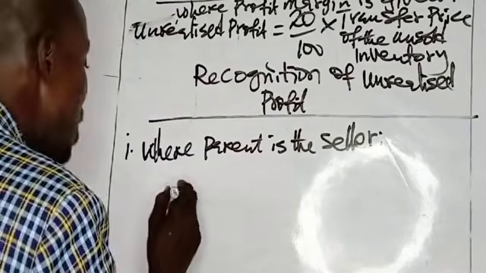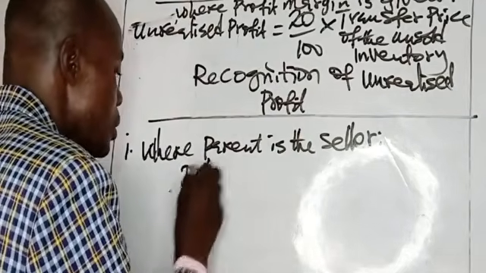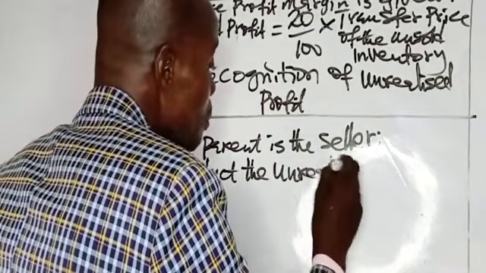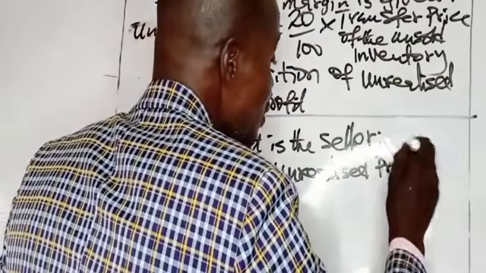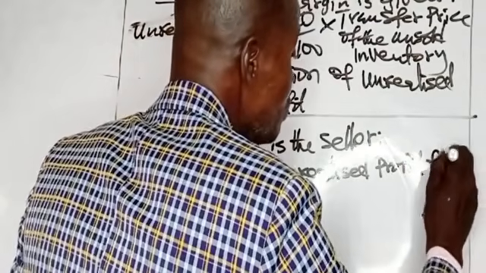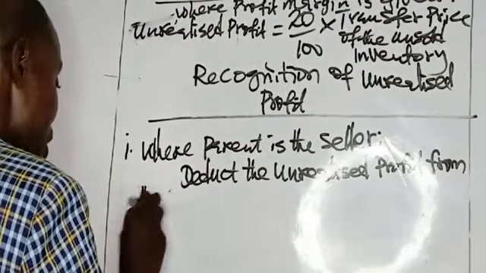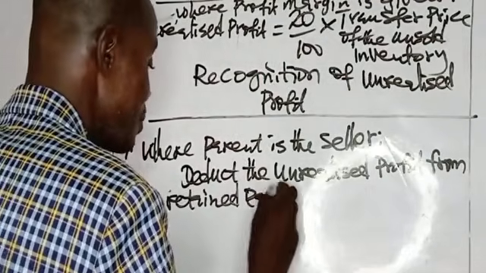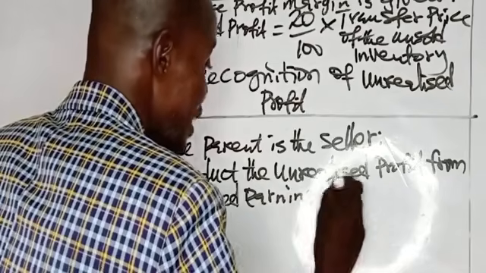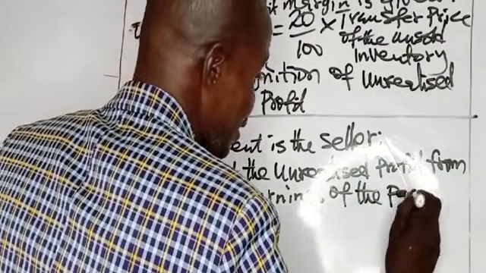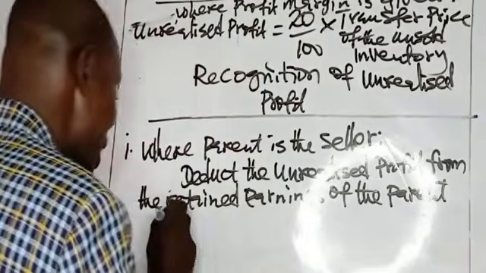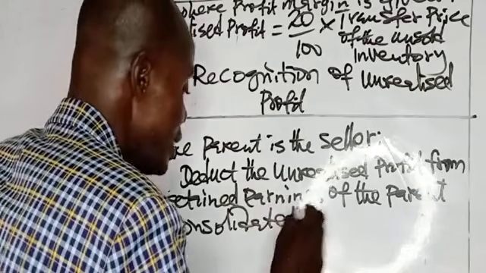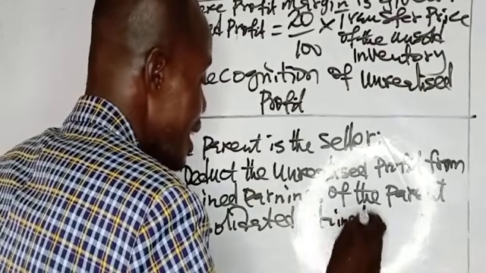Therefore, deduct the unrealized profit from the retained earnings of the parent. So if I say retained earnings of the parent, I'm referring to consolidated retained earnings.